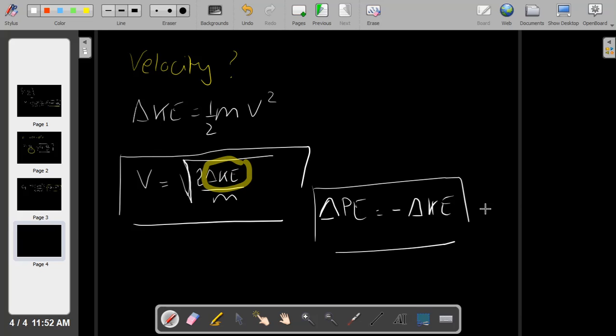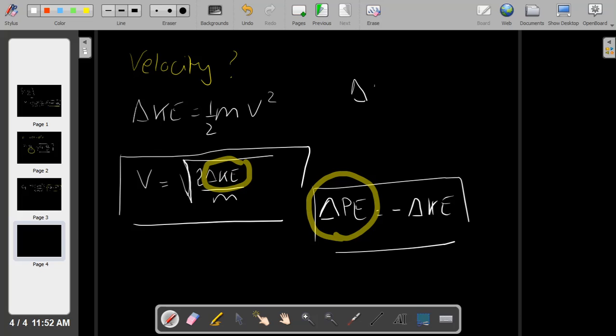That would be dandy if we already had the potential energy. We don't have the potential energy, but we know how to find it. How do we do that? Well, what is our potential energy?